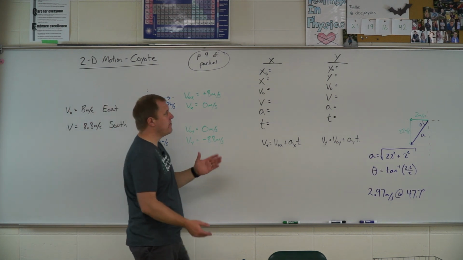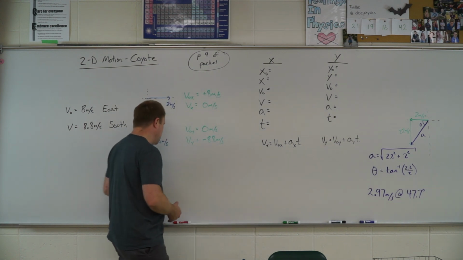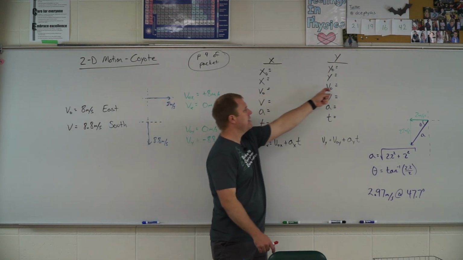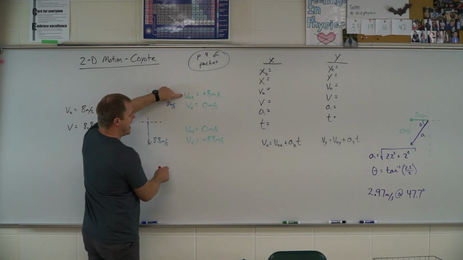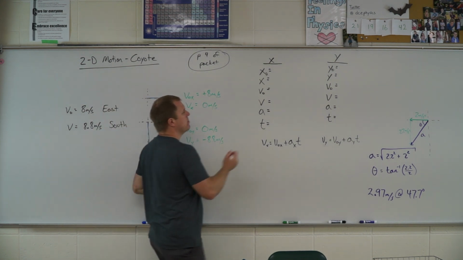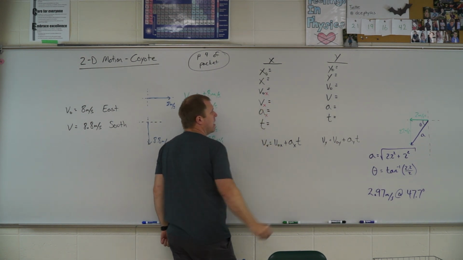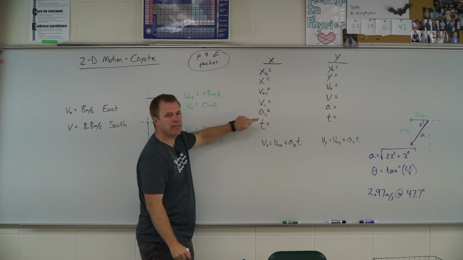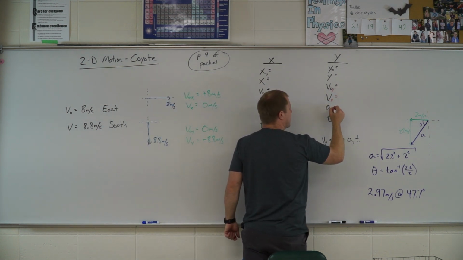Now when I list my variables, because it's 2D motion, I'm going to need both an x and a y, and I run into a situation where I see v naught on both of them, so I need to indicate that one is the x component and one is the y component. So we're going to put an extra subscript on our initial velocity, final velocity, and acceleration in both these categories.